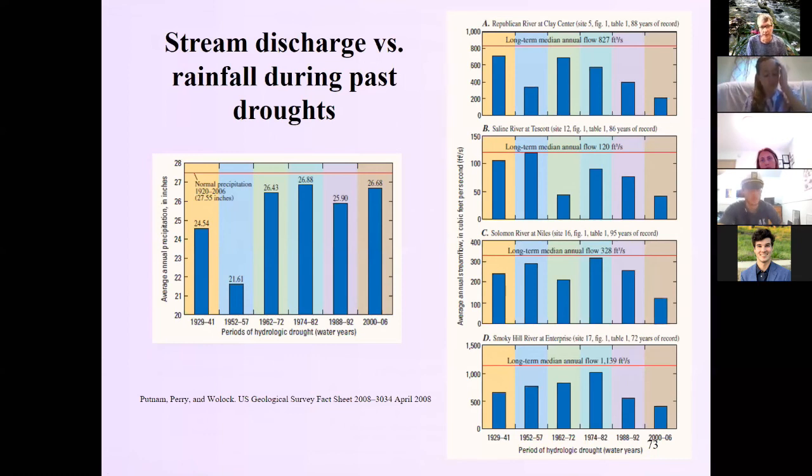This is then leading in turn to extirpation or extinction of some species of fishes that depend upon the streams, particularly in western Kansas, because historically, even during the Dust Bowl, you see here, there was discharge, right? So these fishes had a place to go. But when it gets really dry like this, then the rivers get fragmented.